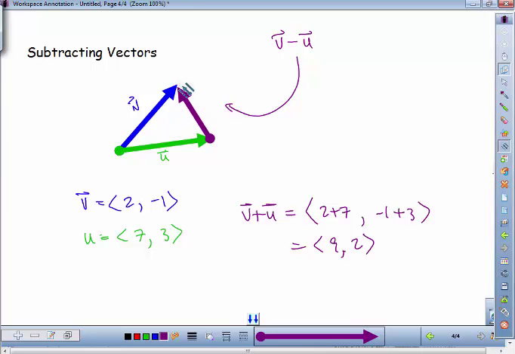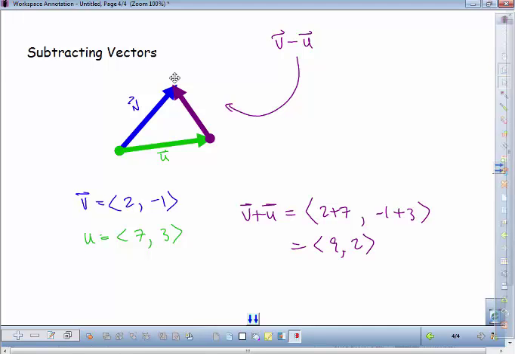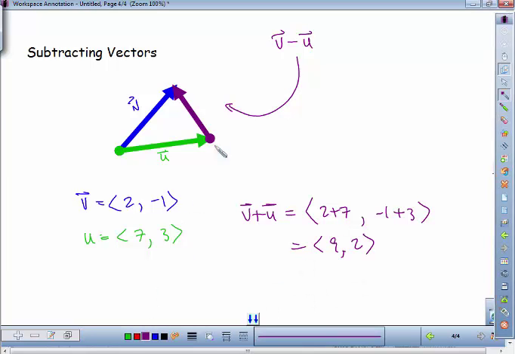The new vector you would get would be this vector whose head is at the head of the first vector, v, and whose tail is at the head of the second vector, u.